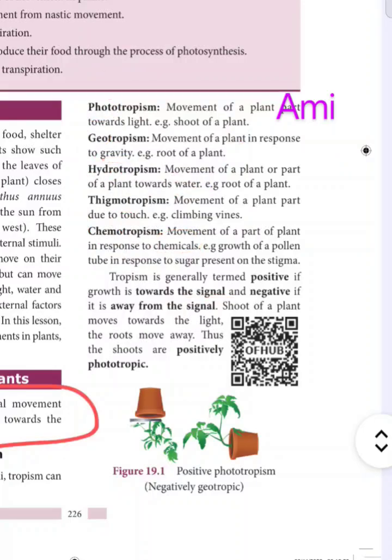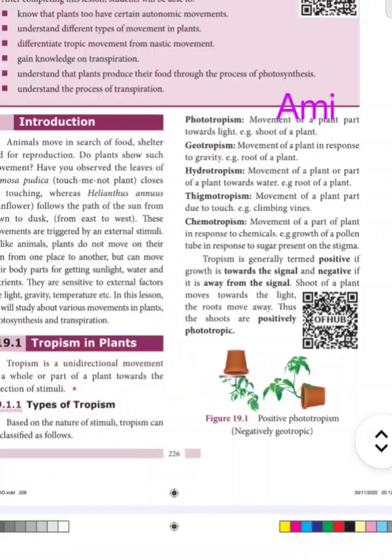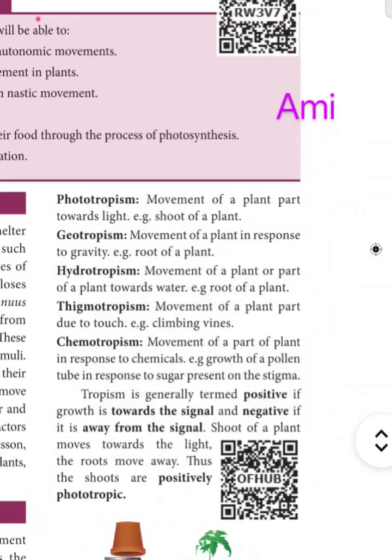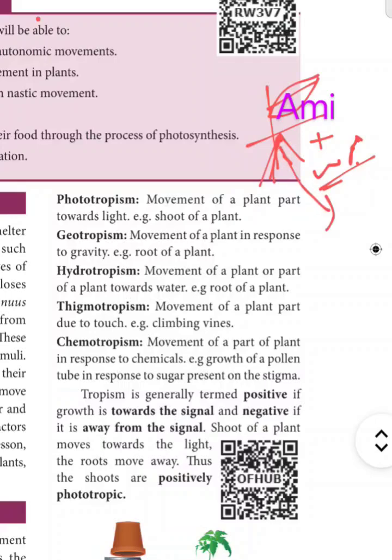So this was about positive and negative tropism. If you want to understand it more clearly, I will give you one more example. Take this plant with a shoot system and a root system. Here is water. So water is now the stimulus. The root system will show positive tropism by growing towards the stimulus, water, whereas the shoot system is growing upward, right?